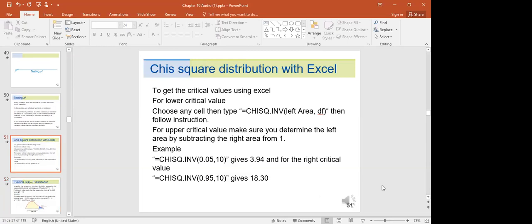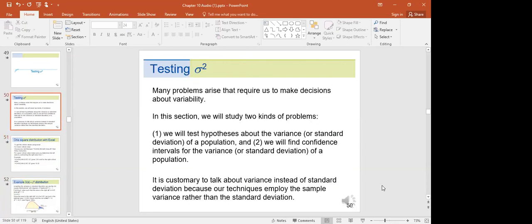Your calculator can be useful in finding the probability using the chi-square distribution. I want us to practice that for a moment.